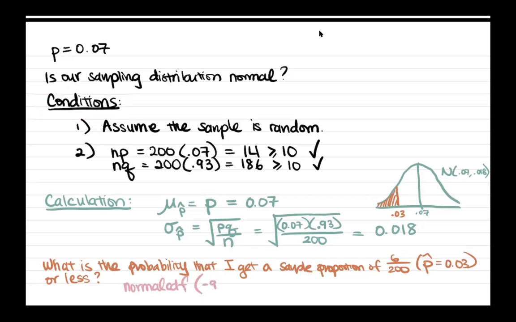I'll use a super low number since it's going to the left, so negative 999, to 0.03, with a mean of 0.07 and a standard deviation of 0.018. Plugging that into my calculator, I get 0.013.